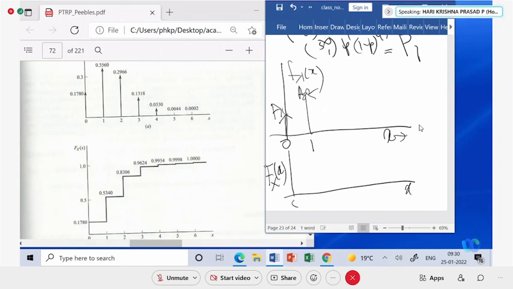At x equal to 0, I should show a step height of a0 units. At x equal to 1, I should show a step of height a1, but I need to add a0 to a1. So this step height will increase. What is this value? This is a0 plus a1. That is how we get the distribution function.